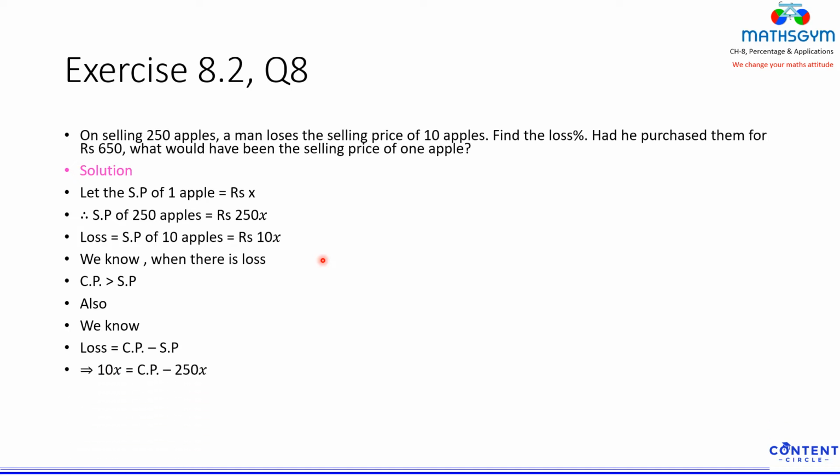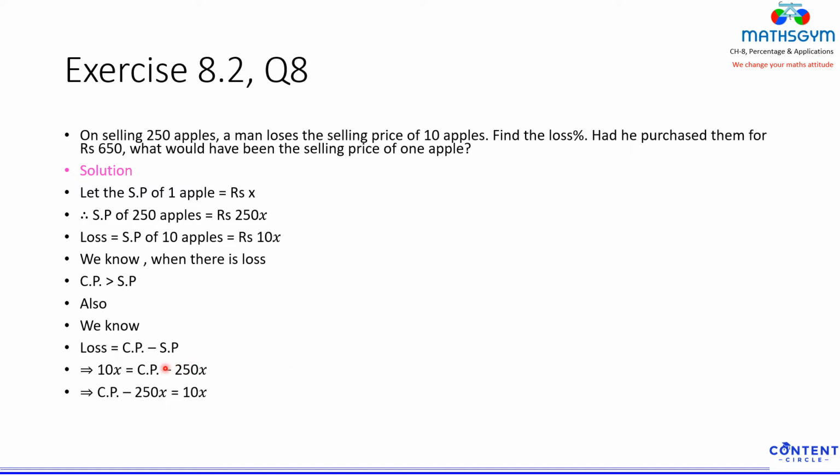which implies that the loss which we have got from here, which is 10x, will be equal to CP minus 250x, because my SP has come as 250 into x. So from there we get loss is equal to CP minus 250x. We just flip the side.